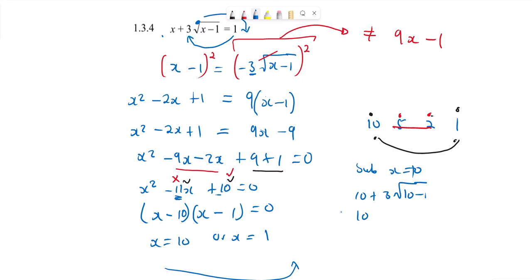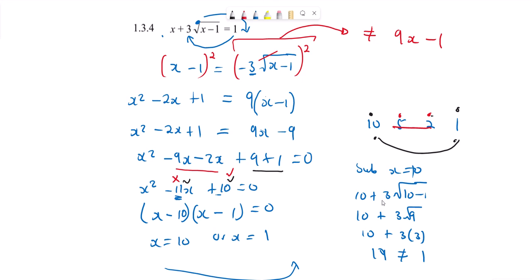Okay, so that will be 10 plus 3 square root of 9. Okay, and that will be 10 plus 3 times 3, and 3 times 3 is 9, plus 10 is 19. Okay, and 19 is not 1.